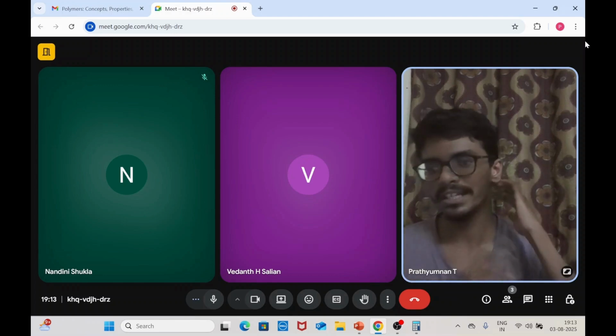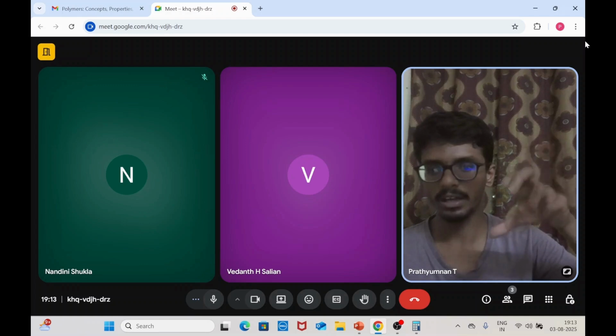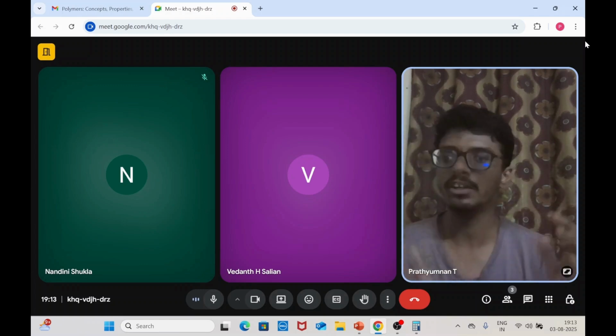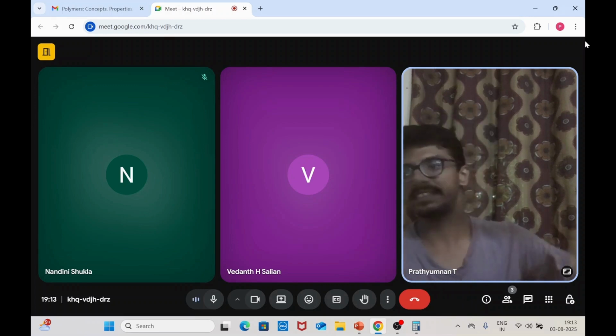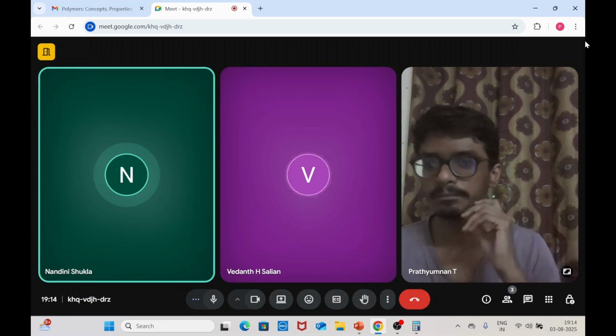So that is what you call block copolymers. A set of them will be connected together, and then the next set will be like that. You can actually Google and check.